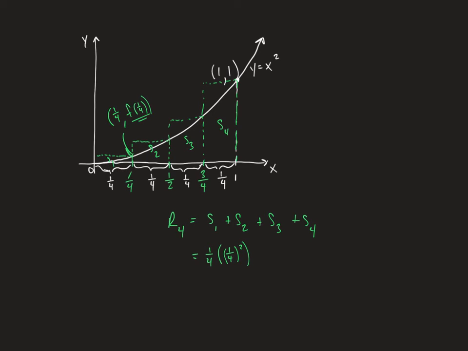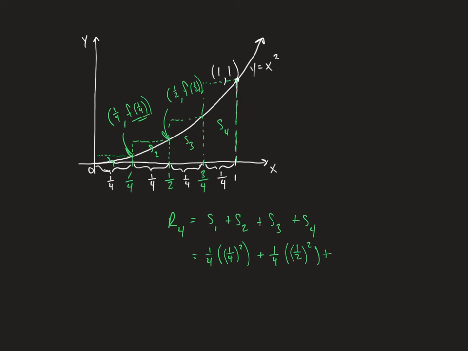The second rectangle also has a base of 1/4, but its height is different because that point is the point (1/2, f of 1/2). And if I'm calculating f of 1/2, it's 1/2 squared. So this is going to be 1/4 times 1/2 squared.